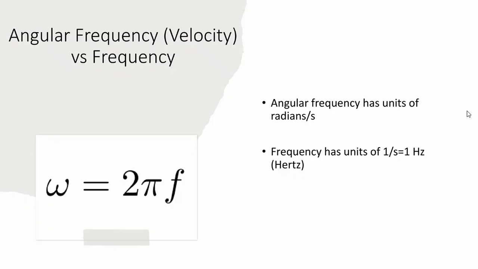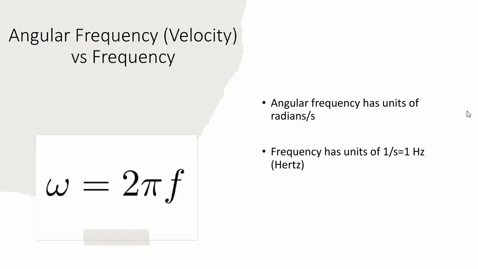Frequency, like the refresh rate on a screen, is given in hertz, and is just a measure of how many times something happens per second. So if your screen refreshes 100 times per second, that would be a frequency of 100 hertz.